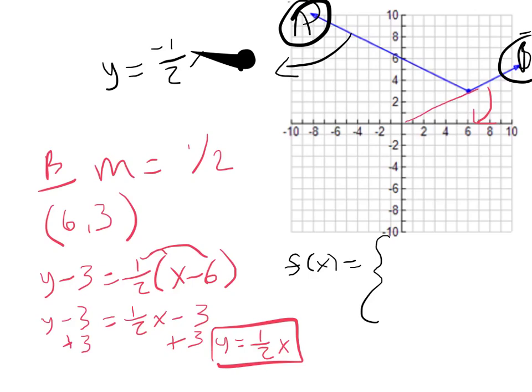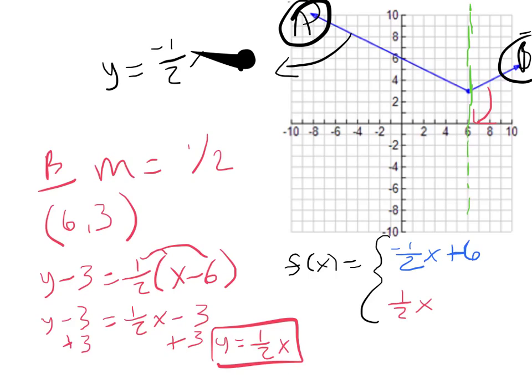So now we know we have our two rules, right? We have one rule, negative 1 half x plus 6, and I have another rule, which is positive 1 half x, and we need to decide when each rule is used. Now you'll notice I'm going to divide my line right around 6, because it seems that 6, if we're drawing that line right here, is when the graph splits, right?